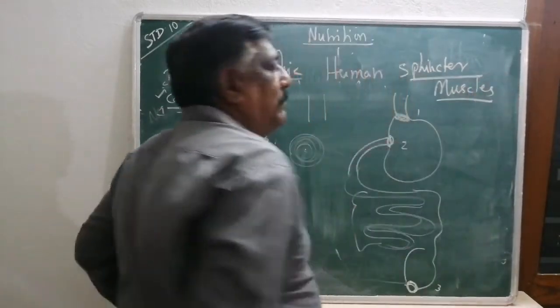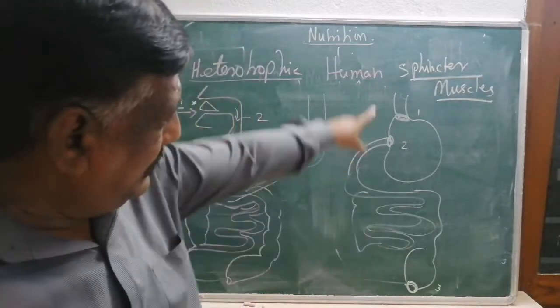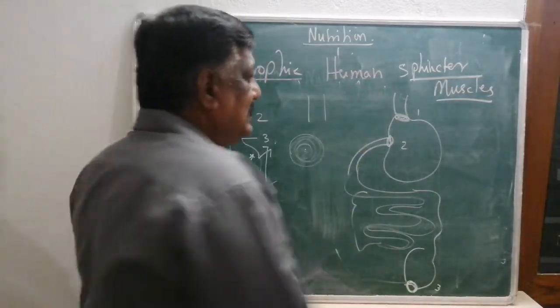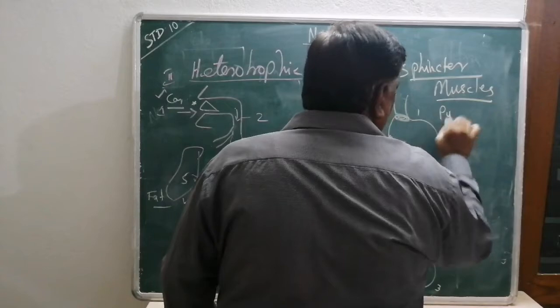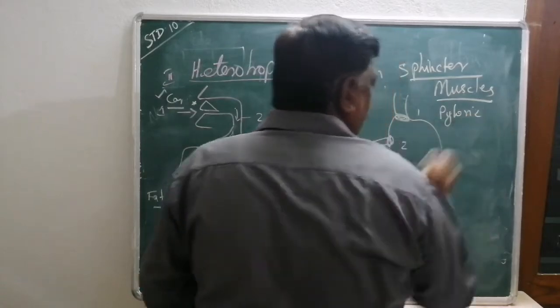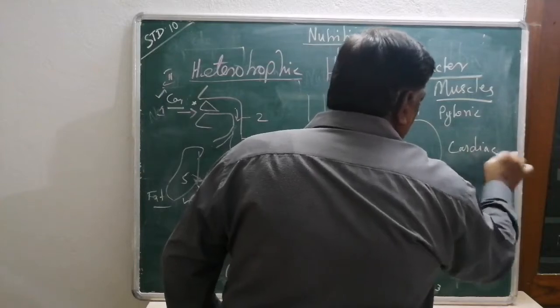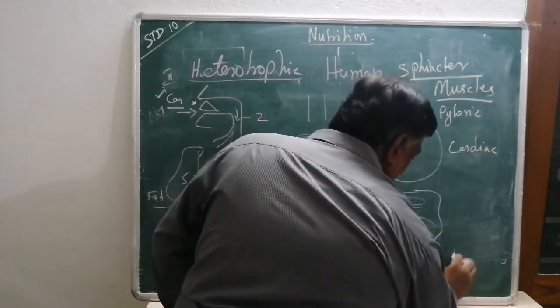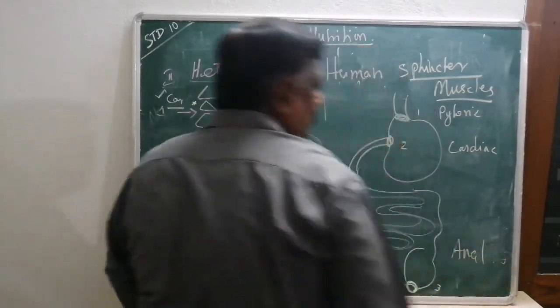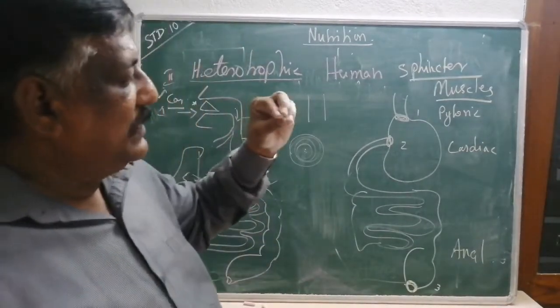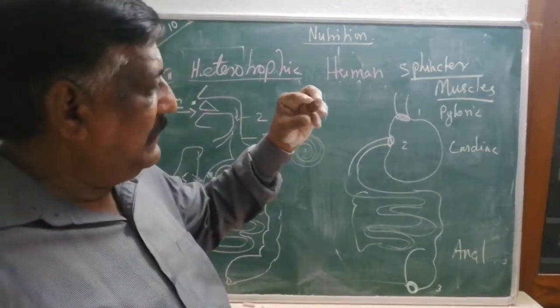This can be a separate topic for you. Then you have to draw this diagram and mention these three muscles. This is called the pyloric sphincter. This is the cardiac sphincter, and this is the anal sphincter. Three sphincter muscles, which close the opening whenever necessary.